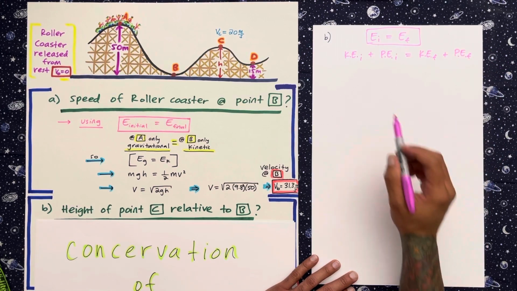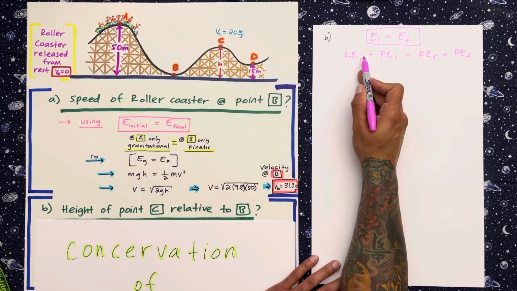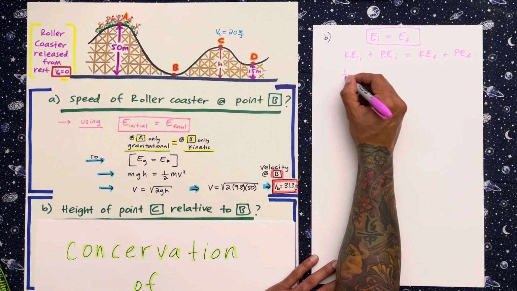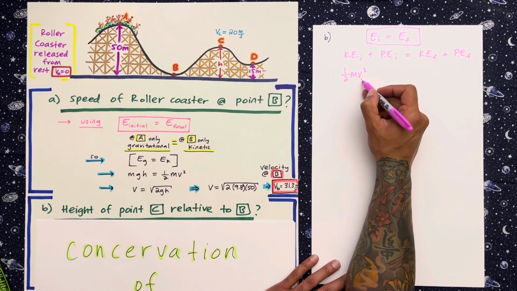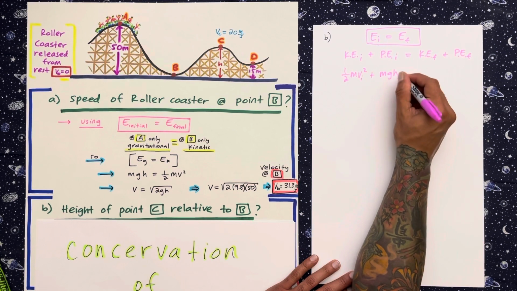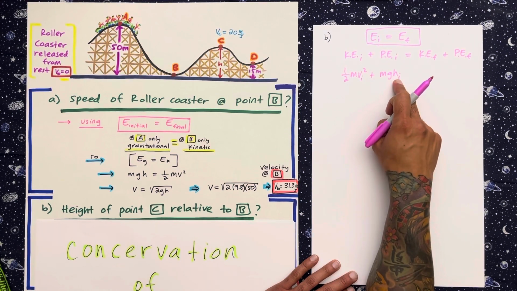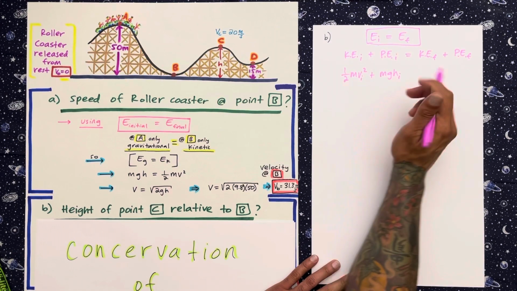Okay, so one more simplification. We know what kinetic energy is, so it's 1/2 mv squared, and that's going to be velocity initial, plus mgh. That height is going to be the initial height, because we're in the initial side of the equation.